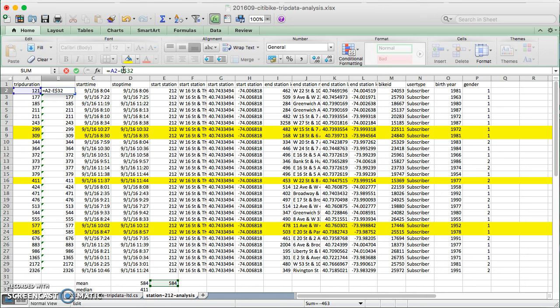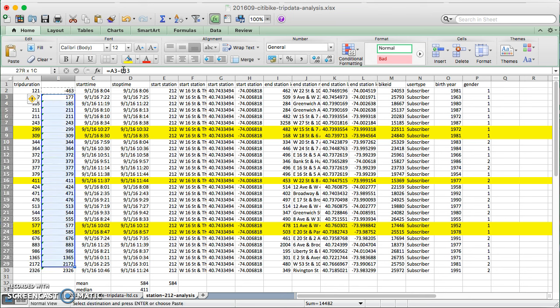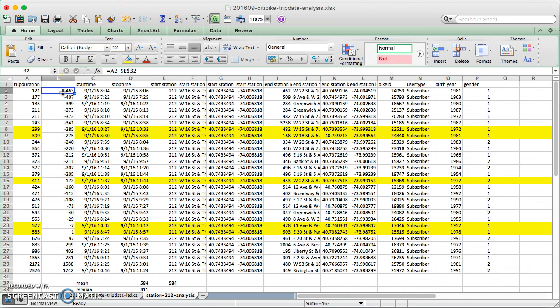So if I put this next to the E and the 32, it's going to hold that reference steady. And we'll see this here. So now this one says A2, which is correct. This one says A3, but it's always referring back, and it usually highlights if I do this. If I double click it, it's always referring back to that mean.